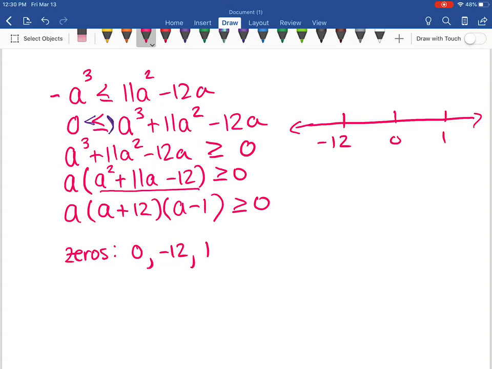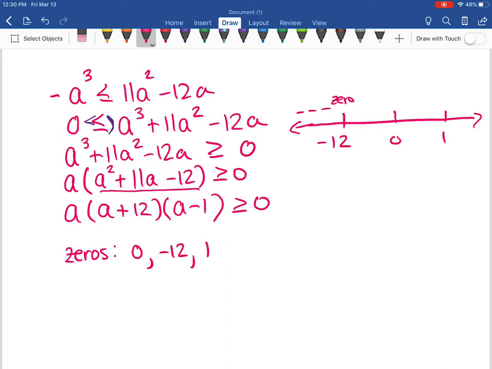So when I start plugging in values that are less than negative 12, I'm going to get negative values. So on this interval, from minus infinity up to negative 12, I'm going to have negative values, which means if I look at the graph, that piece of the graph is going to fall below the x-axis. Now at negative 12, I know that this is a 0.